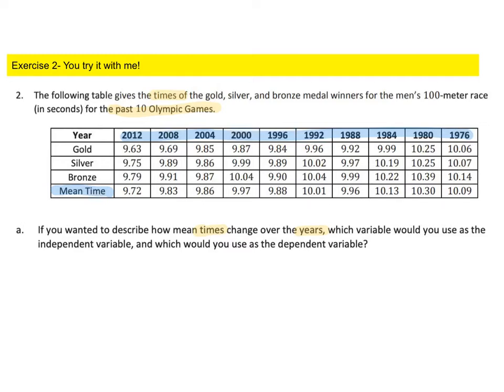So our X here and our Y here are both going to be time. One of them is going to be our year. One of them is going to be the time of the race that the racers run. So what is independent? What is our X? It's the year the race takes place.